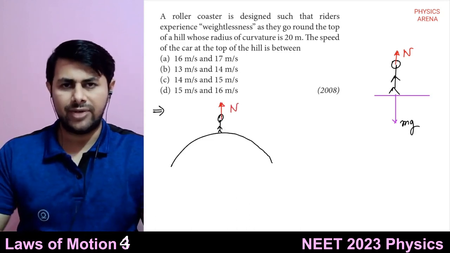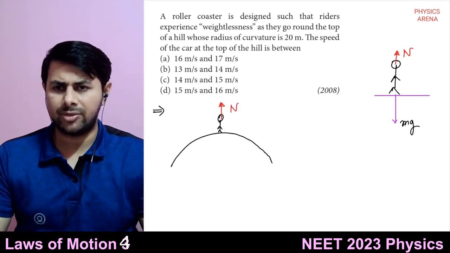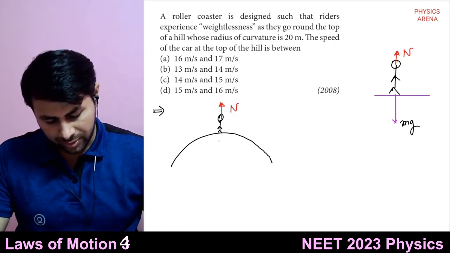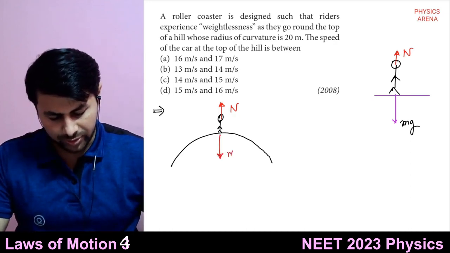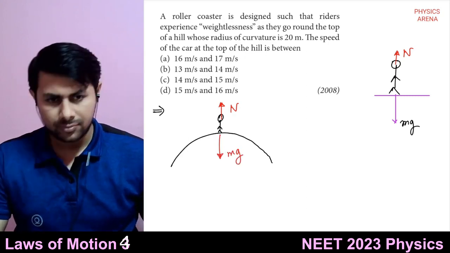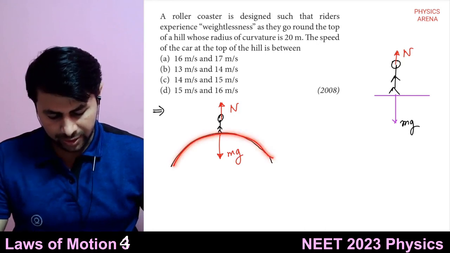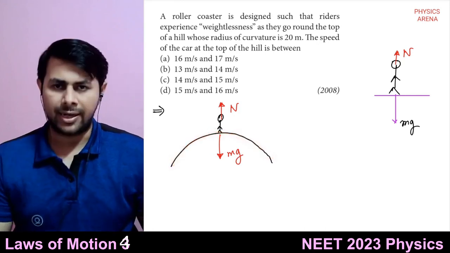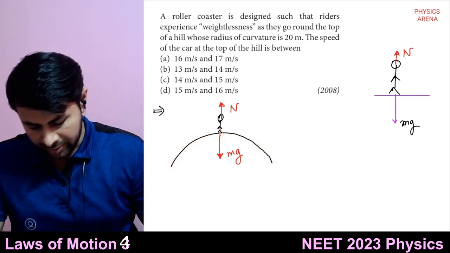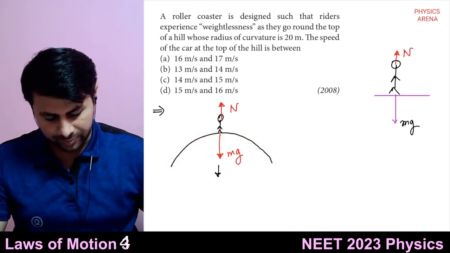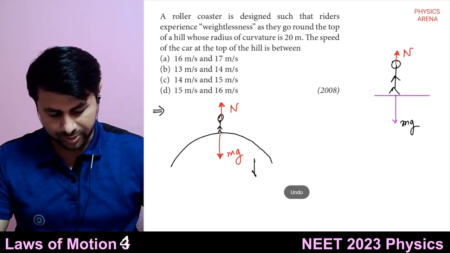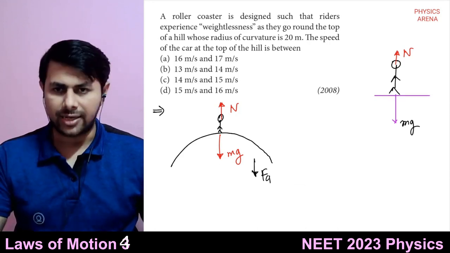If he is feeling weightless, that means the normal reaction must be equal to 0. So his weight acts vertically downwards, it's mg, and now he is taking a turn like this. I mean he is moving in a vertical circle. So there must be some centripetal force, FCP, which is acting downwards.